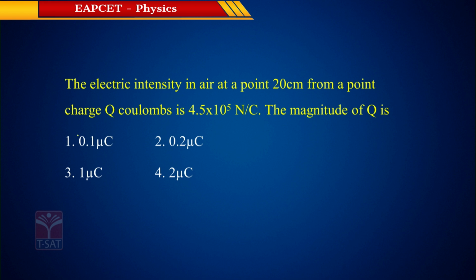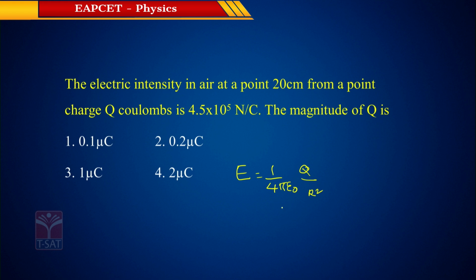You know, children, the formula is E equals 1 by 4 pi epsilon naught into q by r square. According to this equation, you find out the q value.